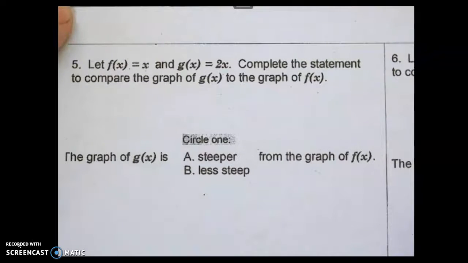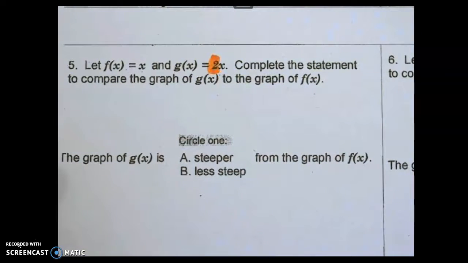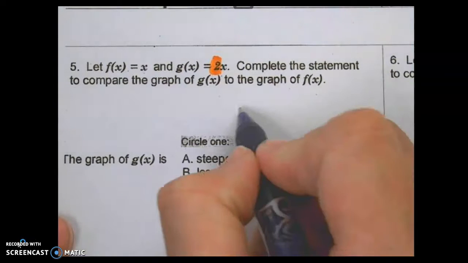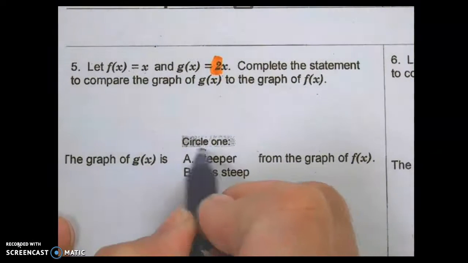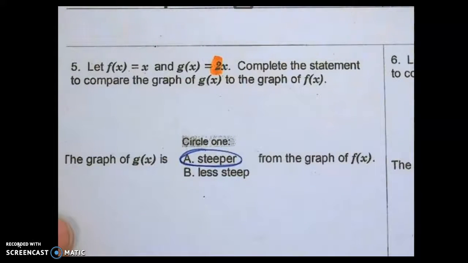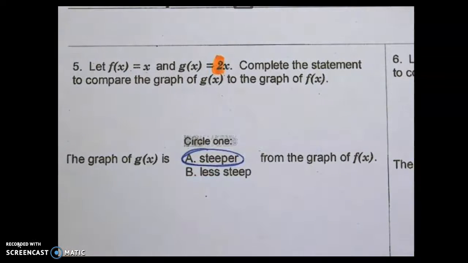We used orange yesterday for when the slope was getting steeper. 2 is bigger than the number 1, so I know this is a steeper slope. So once again, Ms. Martin will pause, and you all can complete number 6.